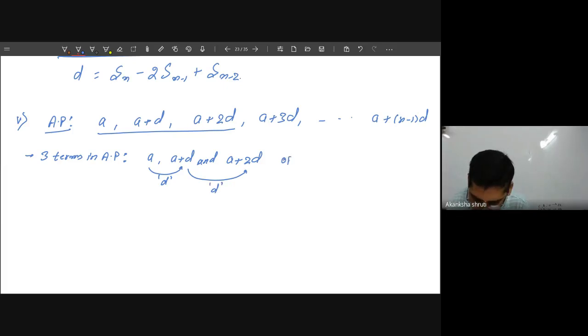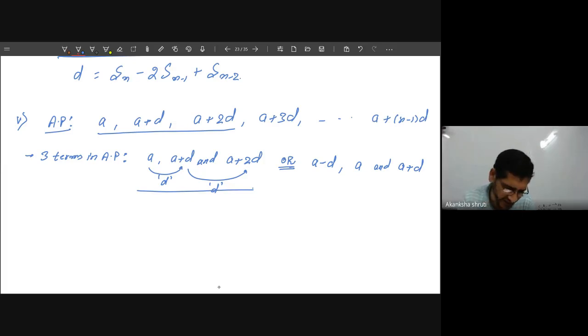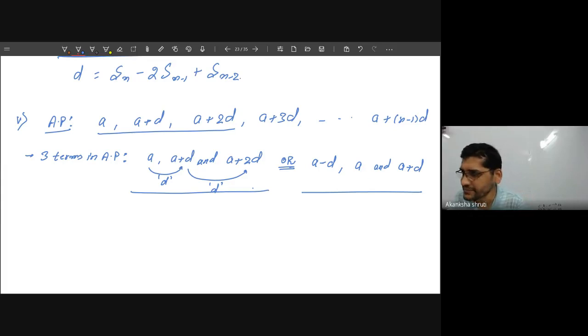Or many a time it is convenient to take A minus D, then A and A plus D. Both are the same thing. You are free to take either form, or you are free to take the difference form also.